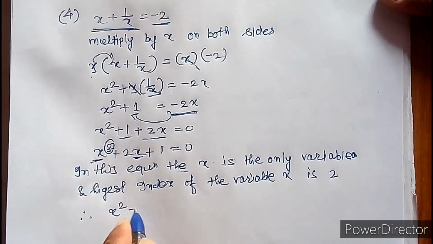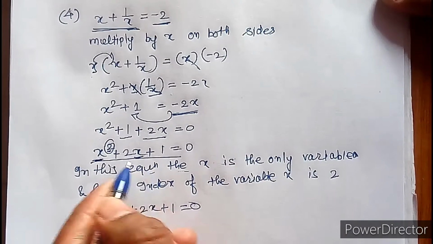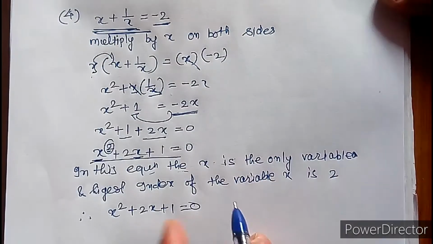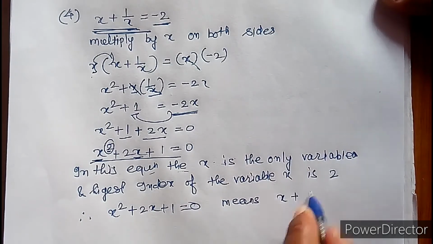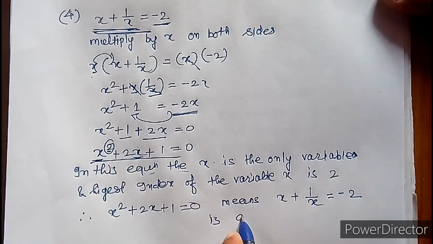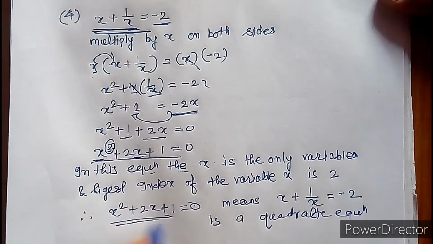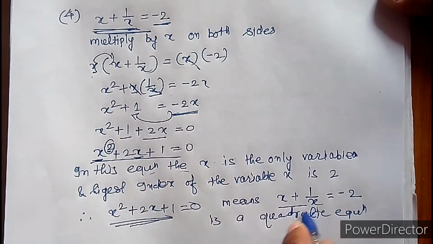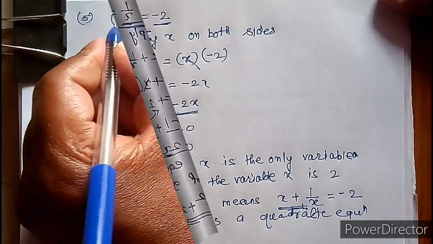Therefore x square plus 2x plus 1 equals 0 is the form of this equation, which means that x plus 1 by x equals minus 2 is a quadratic equation. This equation is a quadratic equation because it has this form.